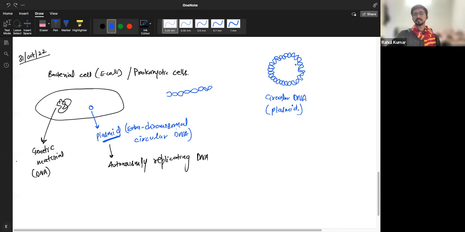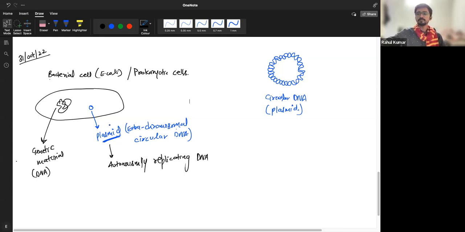Exactly, it's more stable because it has no loose ends, right? Things can start degrading the DNA from this side or from this side and start reacting to it, and over time it will be gone. You understand? But in a circular DNA, you have no loose ends. It's just like a bangle. It's more stable than a linear form of DNA. So it does not need coating, and it is not present inside any organelle, because bacterial cells do not have membrane-bound cell organelles. They only have ribosomes. So you will hear the word plasmid over and over again. Just know this.